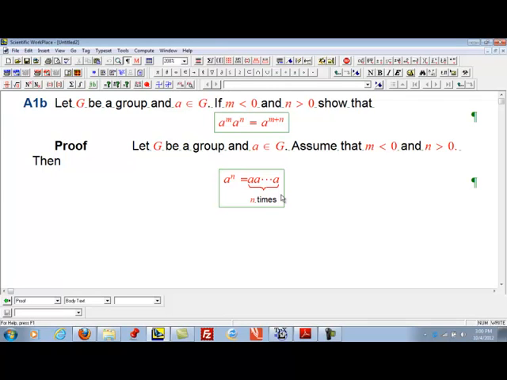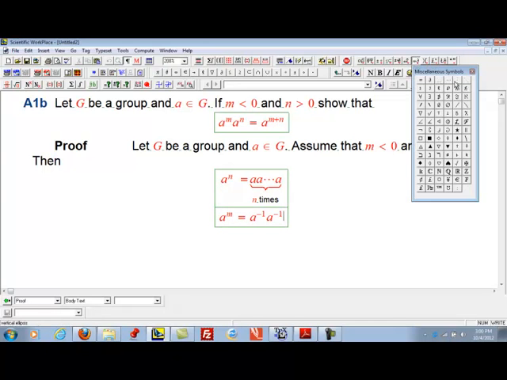So then, tell me about a to the m, which is equal to a inverse multiplied together. Why a inverse? Because it's negative.